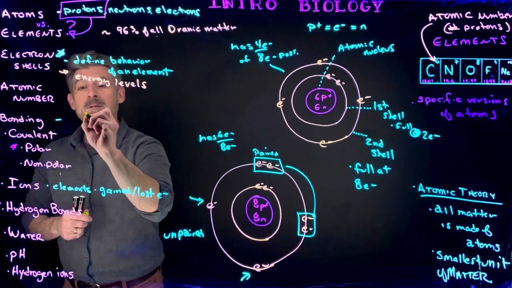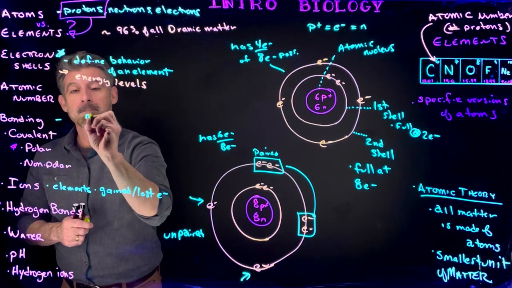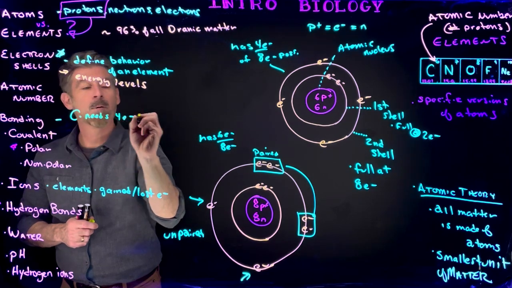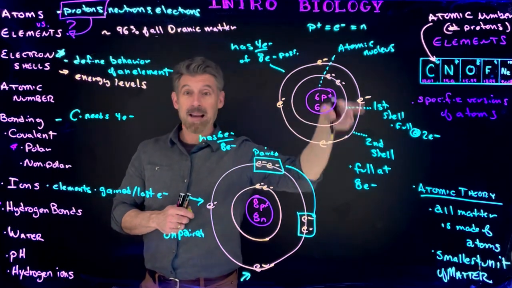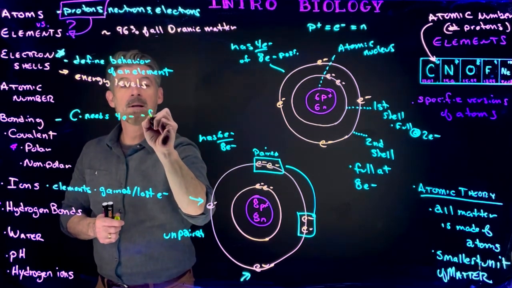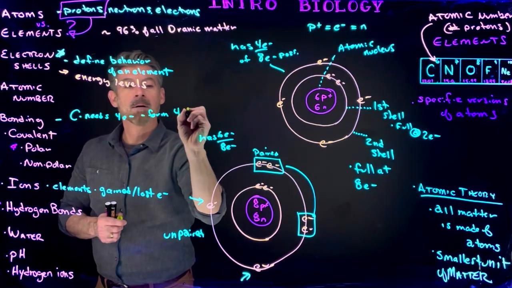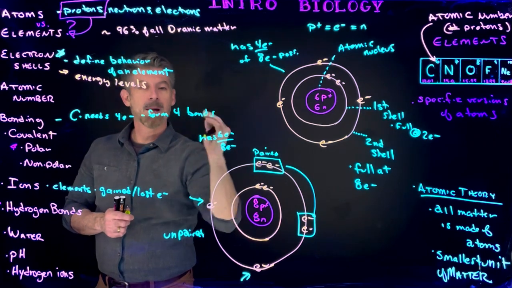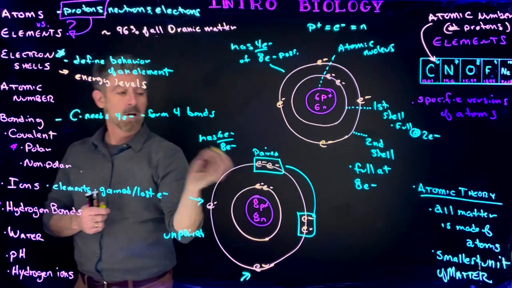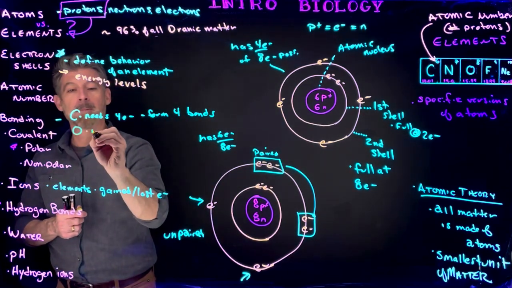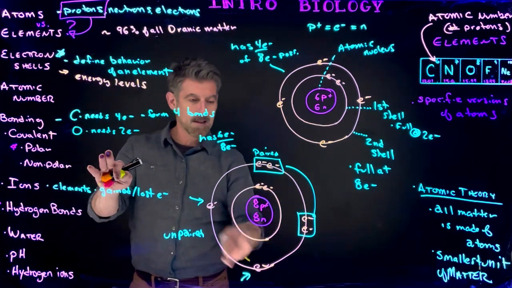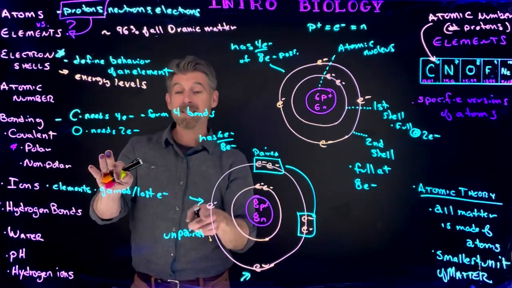And so, for example here, carbon needs 4 electrons to fill that shell. It has 4, it needs 4, right? It needs 4 electrons so it can form 4 chemical bonds with other elements. Oxygen, for example, needs 2 electrons, right? It has 6 out of 8, so it can still take 2 more.